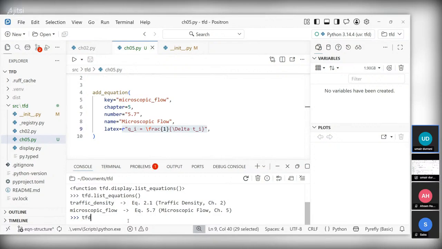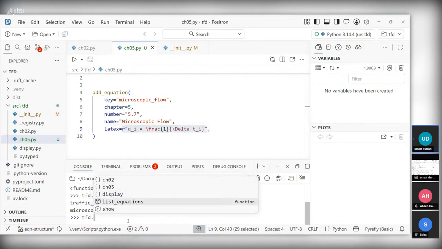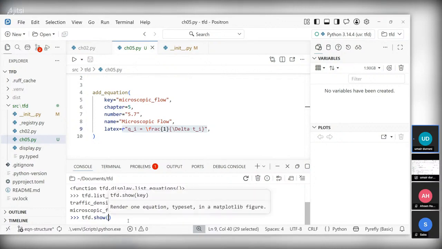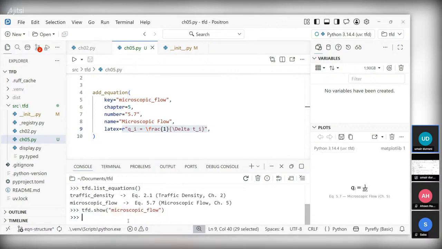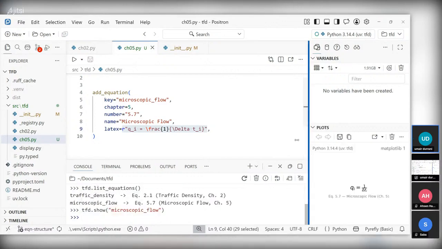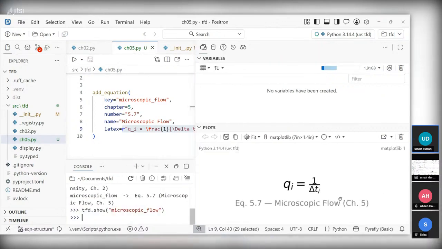And now if we look at this one using the show function and provide it microscopic flow, then it shows us this equation as a matplotlib output. But I'm thinking to also add the definitions of these things, because it is not clear just by looking at this equation what each of these terms mean. We know this is microscopic flow, but we need to define this as well. So I'll add the functionality to do that.